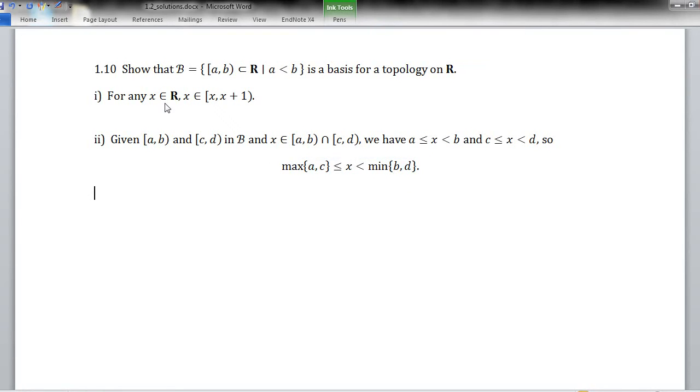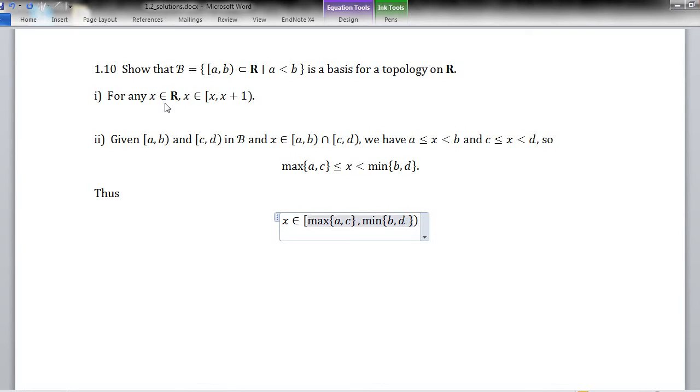Well, that gives us what we need, because remember, we're looking for a third basis element which contains x and is contained in the two that were given to us. And also, what do we have? By the inequalities above, x is indeed contained in the interval from the maximum of a and c up to the minimum of b and d, right?